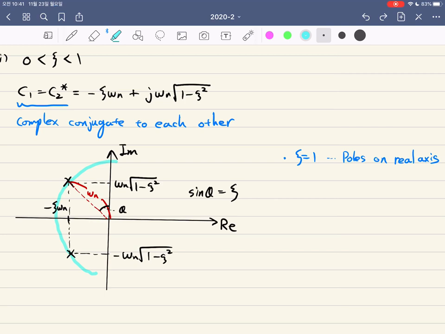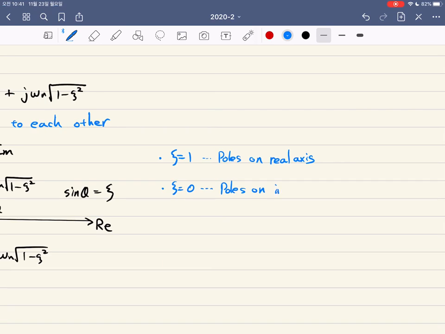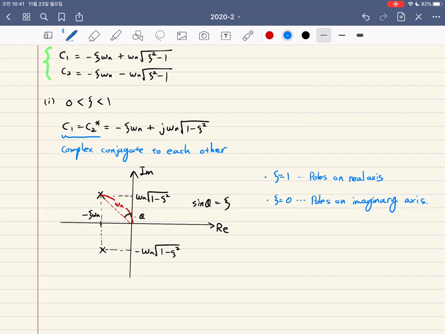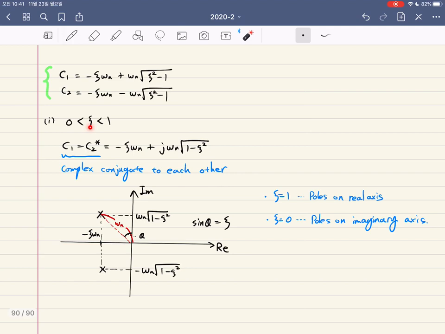If zeta is 0, this part becomes 0, which means the poles will be located on the imaginary axis. So the poles are located at these two complex numbers when you have this boundary.